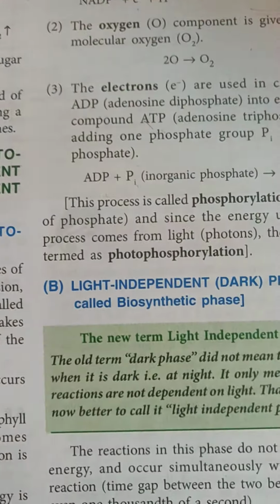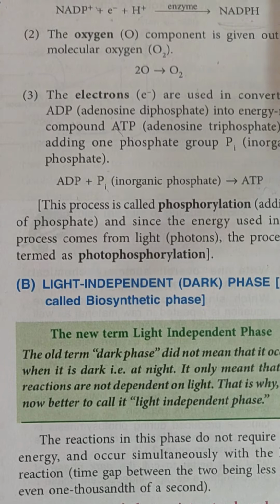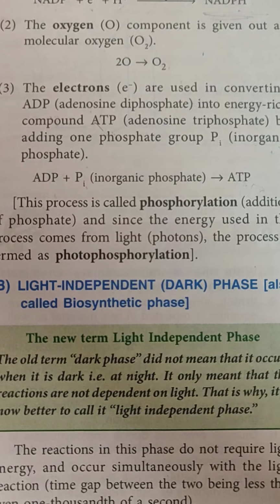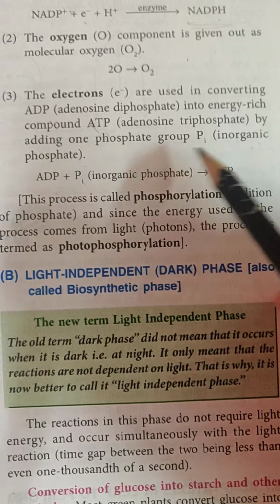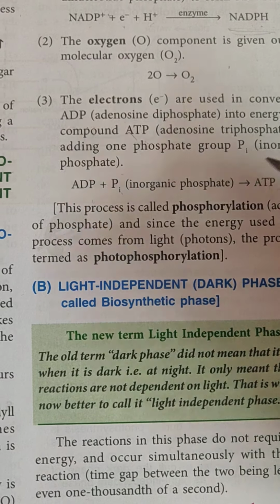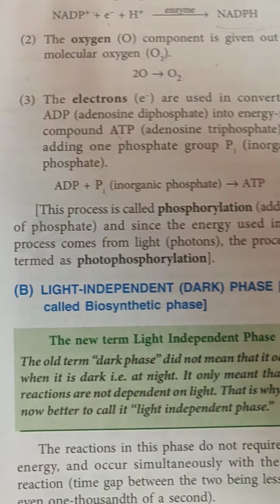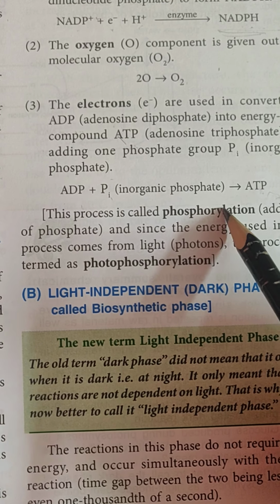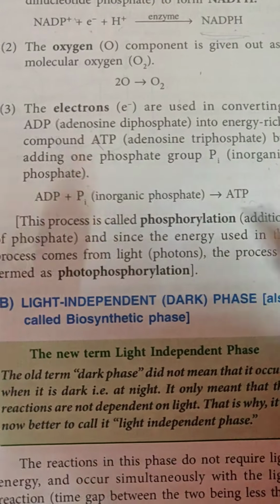Whenever ATP is formed using a phosphate group, or wherever addition of a phosphate group takes place, we call this process phosphorylation. Since in this case the energy used to form ATP has been derived from light or photons, we call this process photophosphorylation.